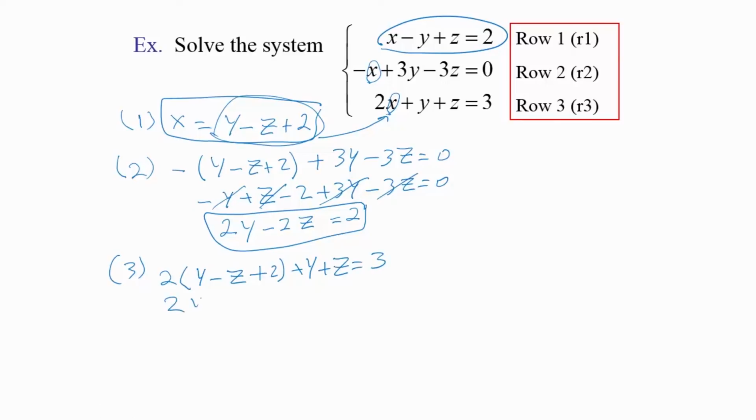So that would be 2y minus 2z plus 4 plus y plus z equal 3. Now combine the like terms. 2y and 1y would make it 3y. Minus 2z plus z would be minus z. Equal, take the 4 to the other side, it would be minus 4. Minus 4 and 3 would be minus 1.